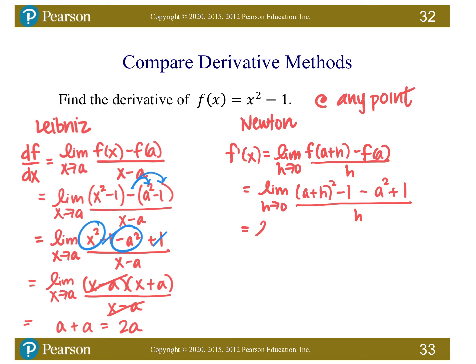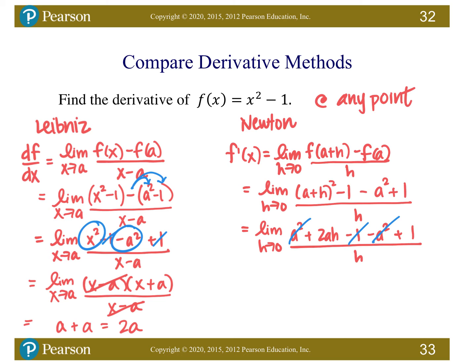And then we FOIL. We get a squared plus 2ah minus 1 minus a squared plus 1. And what always happens in Newton is things start to cancel away. The a squared cancels out with the other a squared.